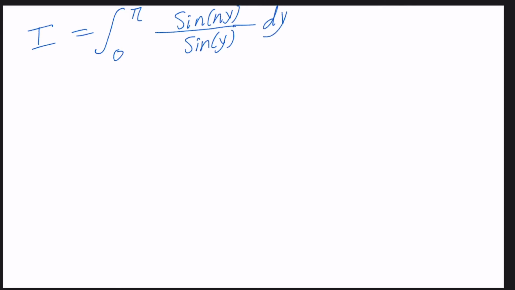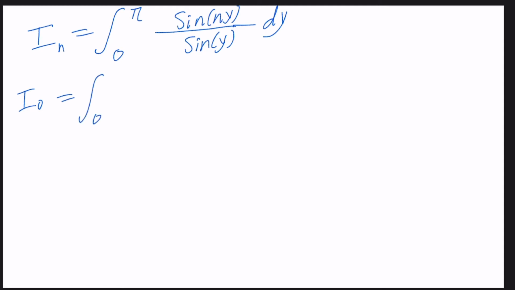And I will introduce more notation here. I will put I_n. What does it mean? It introduces the idea that the integral depends on the value of n. So how will we attack this? It's complicated to find I_0?